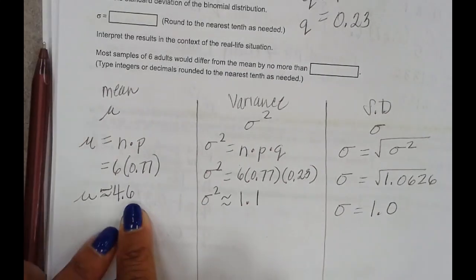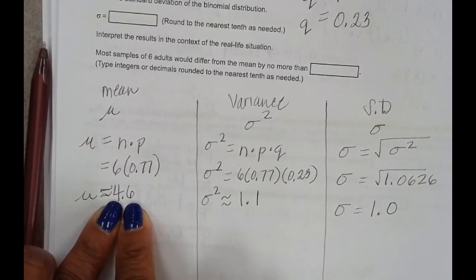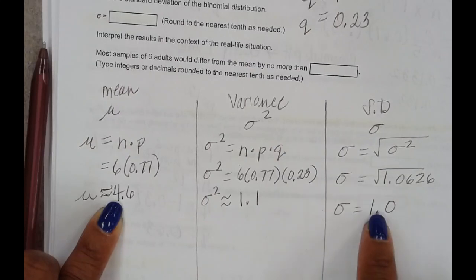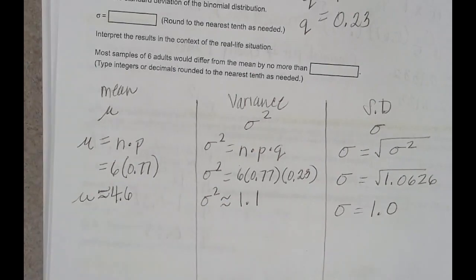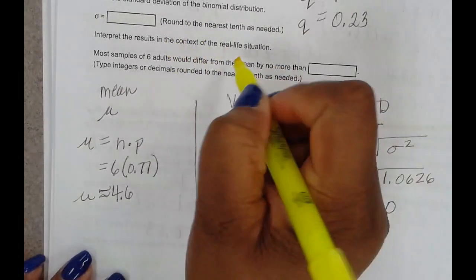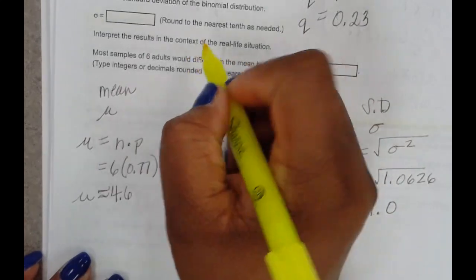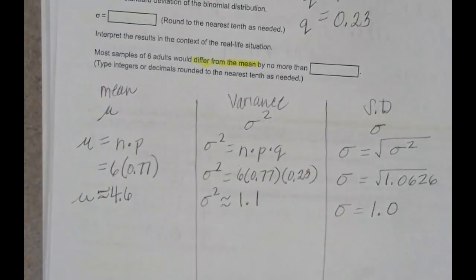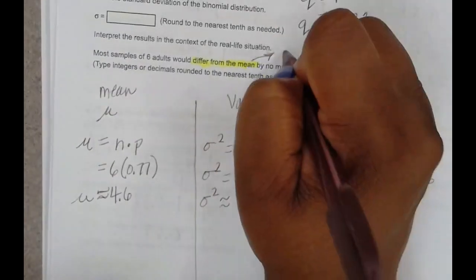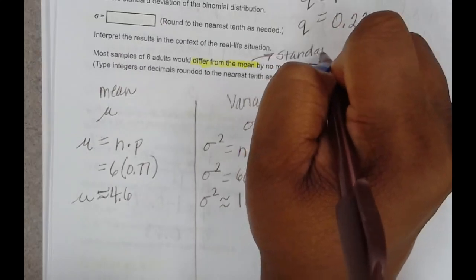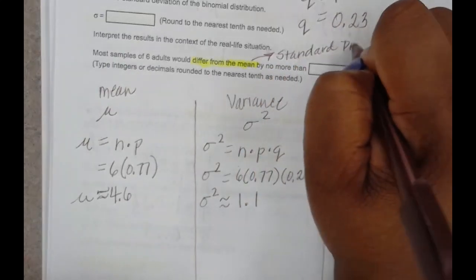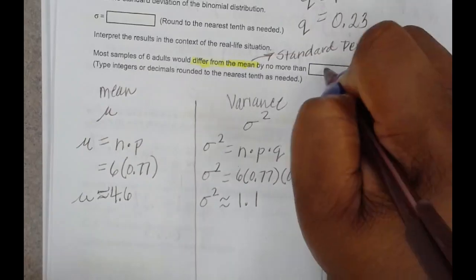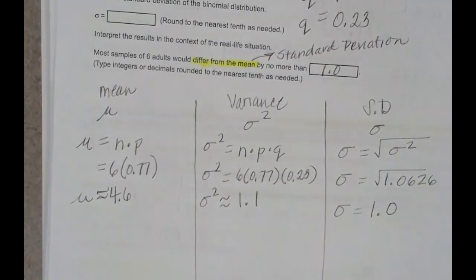They would deviate about one. So they're really asking for the standard deviation there. So let's highlight that. Would differ from the mean. They want to know about that standard deviation, 1.0. Okay.